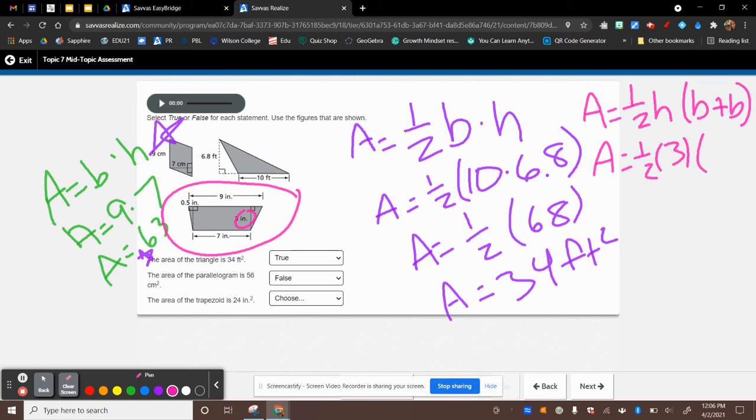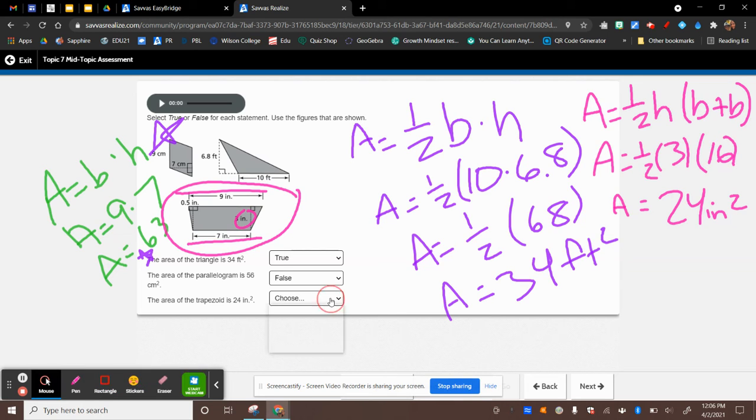I have to add my bases together, 7 and 9, which is 16. So 3 times 16 is 48. And when I take half of 48, I get 24 inches squared, which makes the third one true.